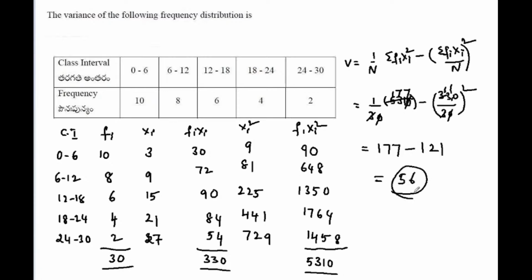This is the variance. A, B, C are the three events of a sample space, such that probability of B is equal to 3 by 2 into probability of A, and probability of C is equal to 1 by 2 into probability of B. Then which of the following is correct?